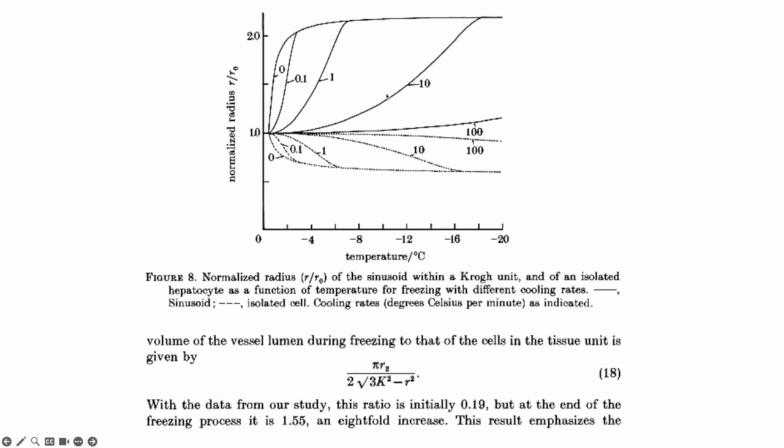They can expand by a factor of 2. So this is part of a mechanical damage that occurs to the important structure of the tissue, which is the blood vessels. So cells may survive, but the blood vessels do not survive. And therefore the cell cannot recover.